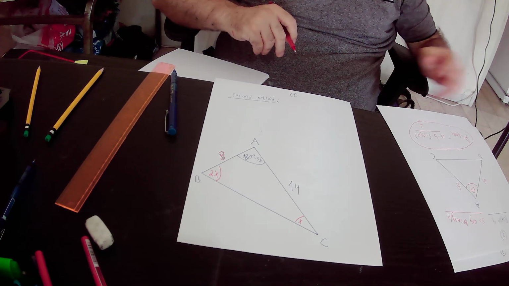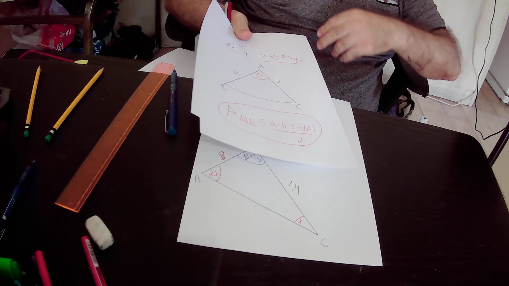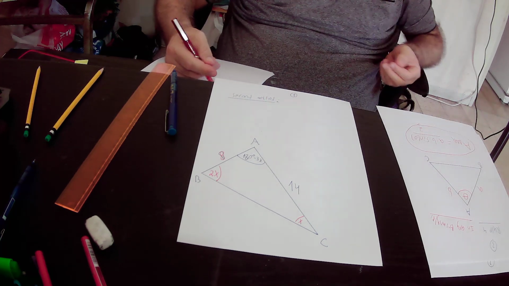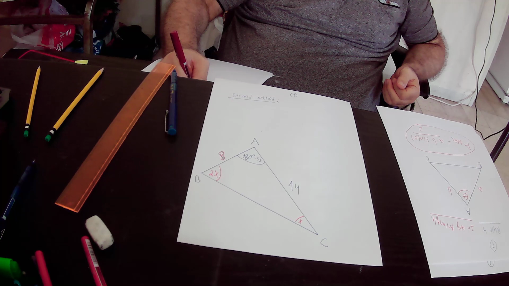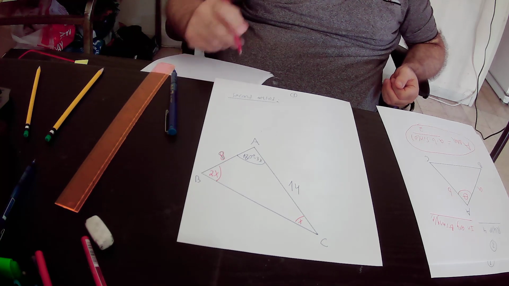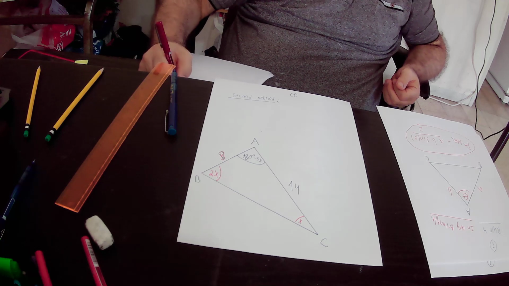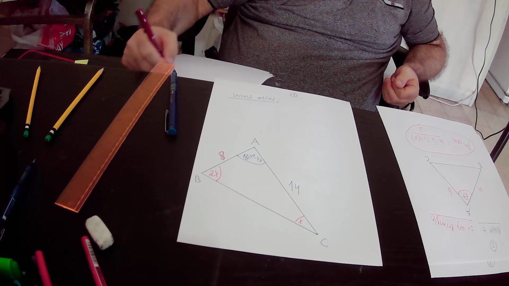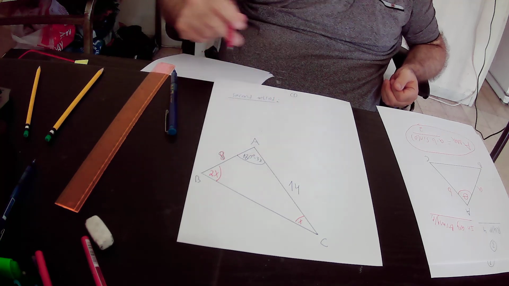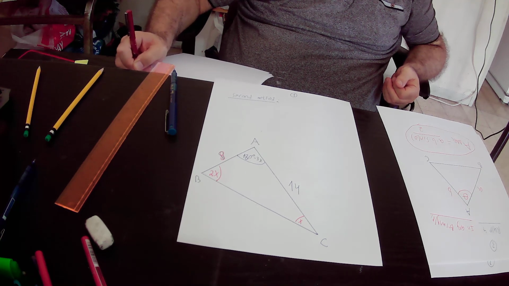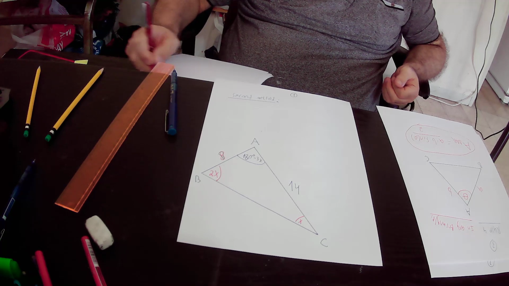According to this formula, the area of triangle ABC will be equal to AB times AC times sine of 180 degrees minus 3x over 2.